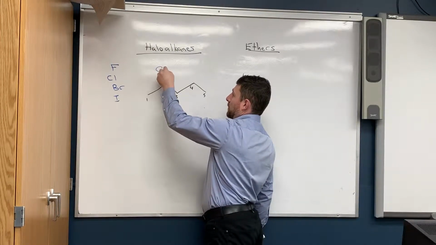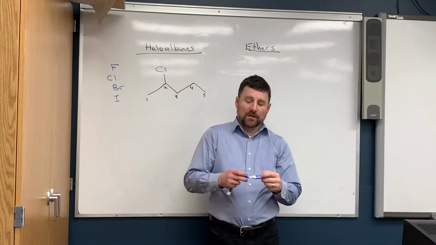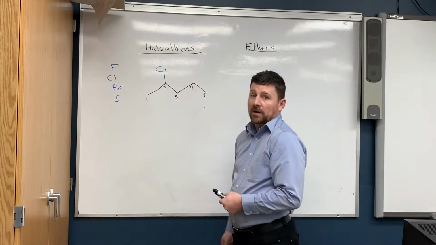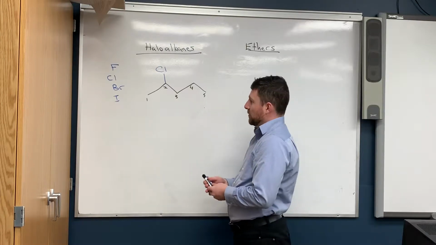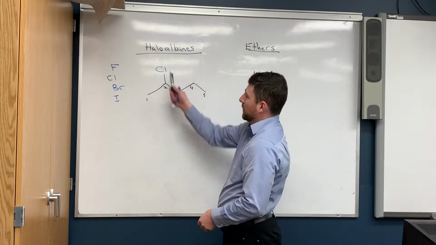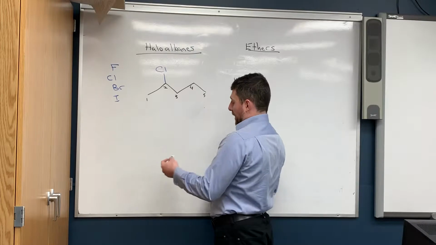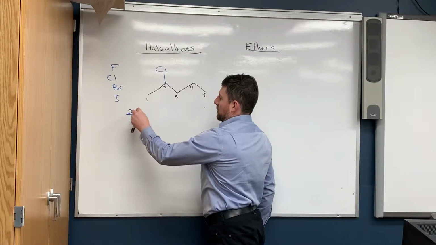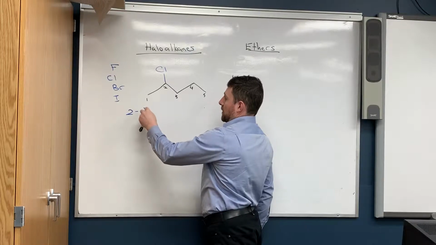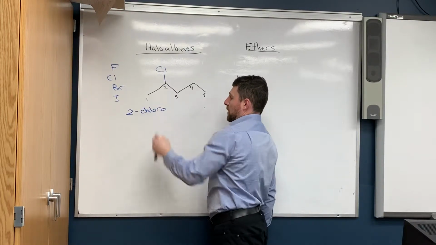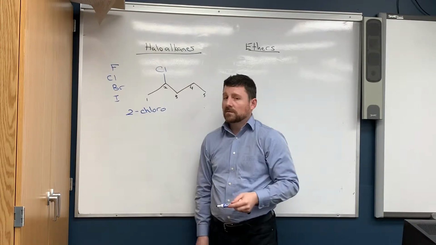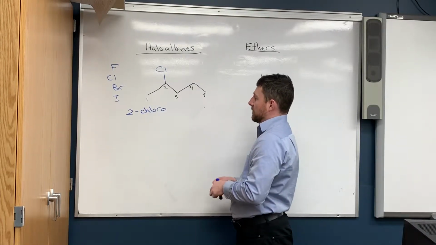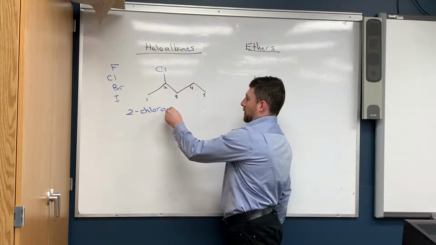Say we put a chlorine there, as a branch on the pentane. Since this chlorine could go on numerous different carbons in the chain, this is going to be a chlorine on the 2 carbon. And all we have to do is write 2 for the location, chloro, so all of our halocarbons are going to end with O, so chloro, and then the name of the main chain, like we've done before, pentane.